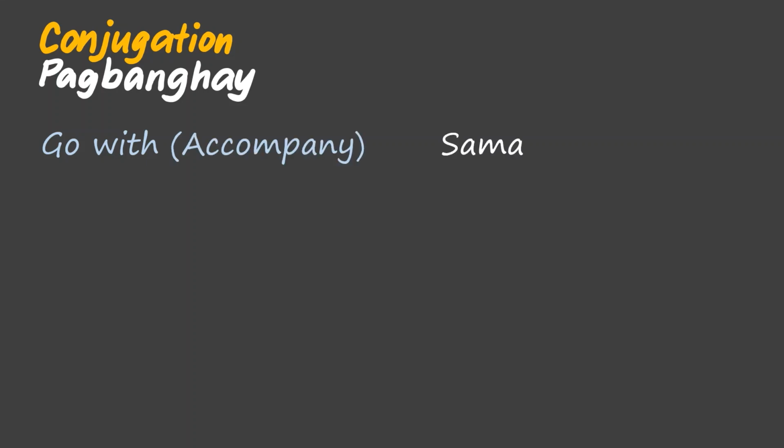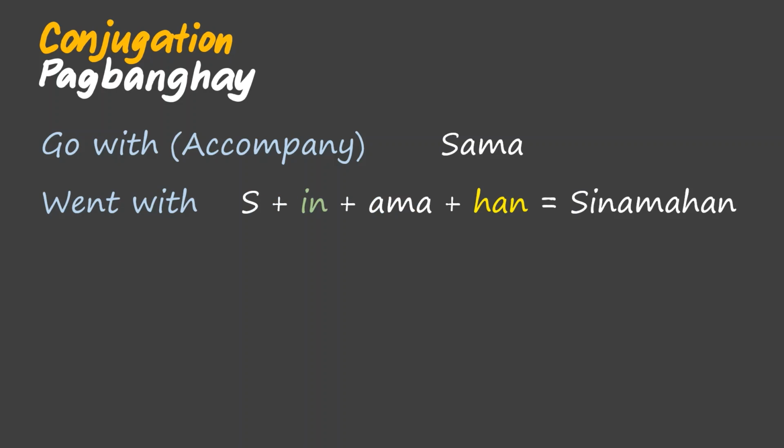So let us look at the conjugation or pagbanghay of the word go with or accompany. The root word is sama. It will follow the same rules as we have seen before with the word tulong. So went with, we say s plus in plus ama plus han.